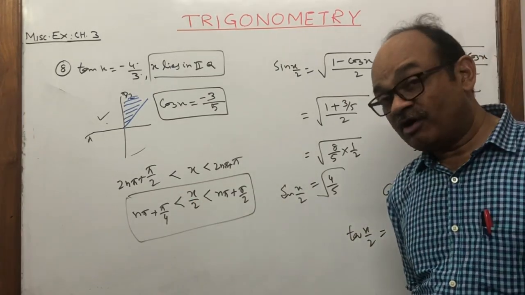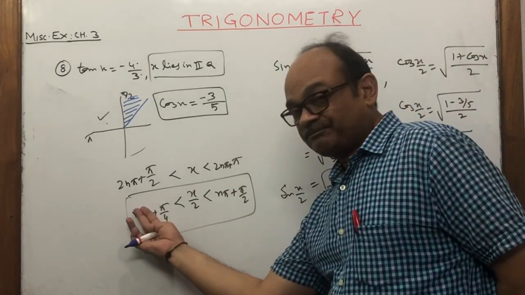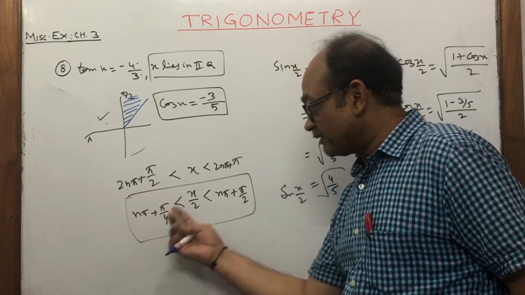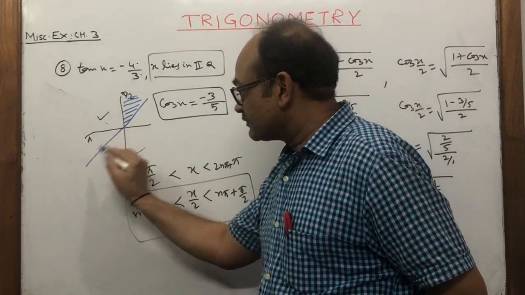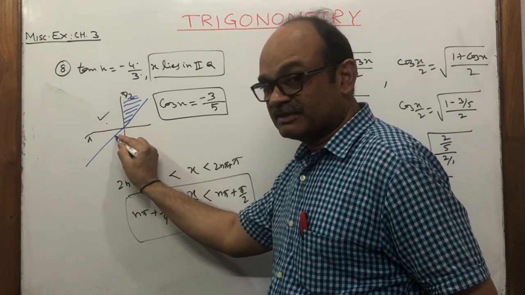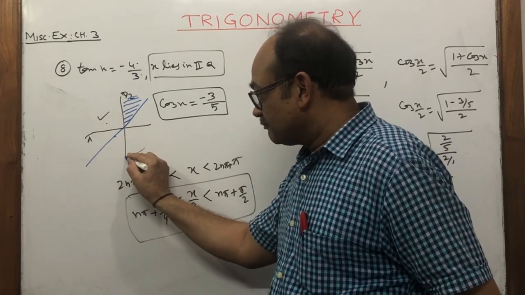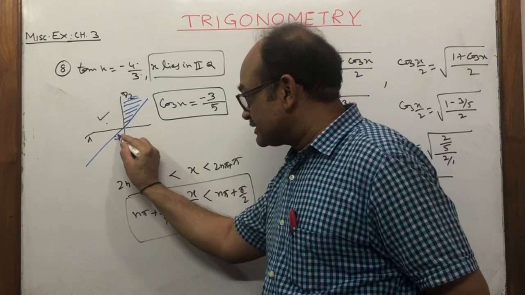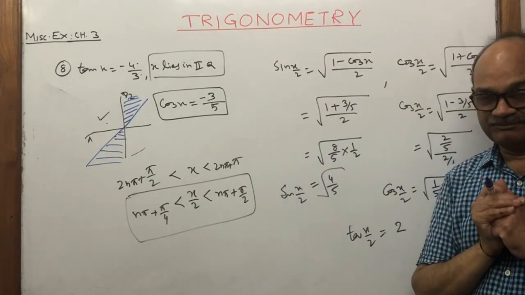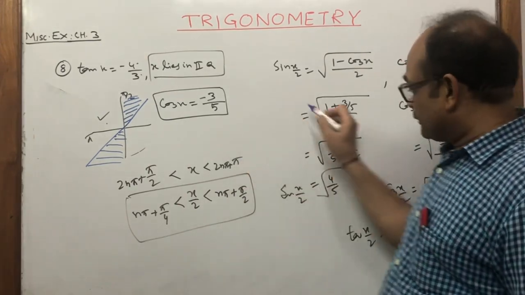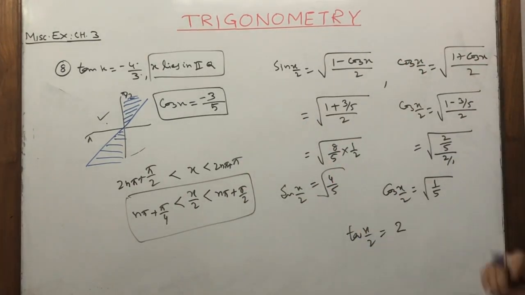And if n is odd, suppose it is 1, then pi plus pi by 4 and pi plus pi by 2. See, this is the pi plus pi by 4 line and the pi plus pi by 2 line. It means it is lying in this region. Very simple. So we want to calculate the signs of these three.